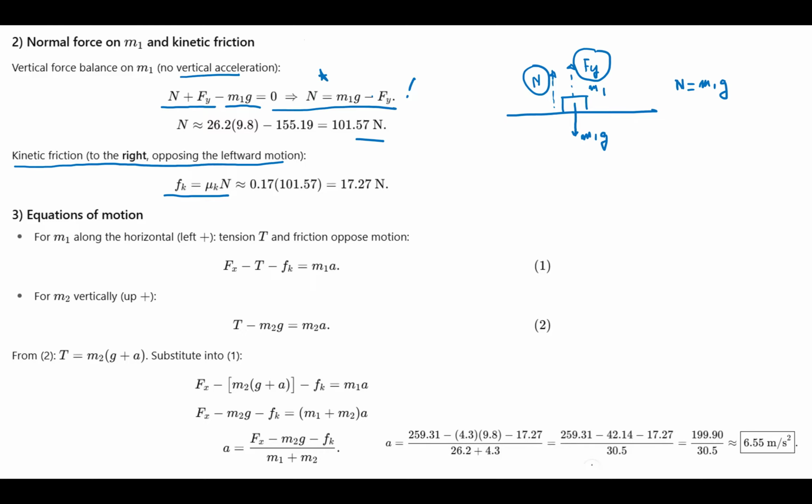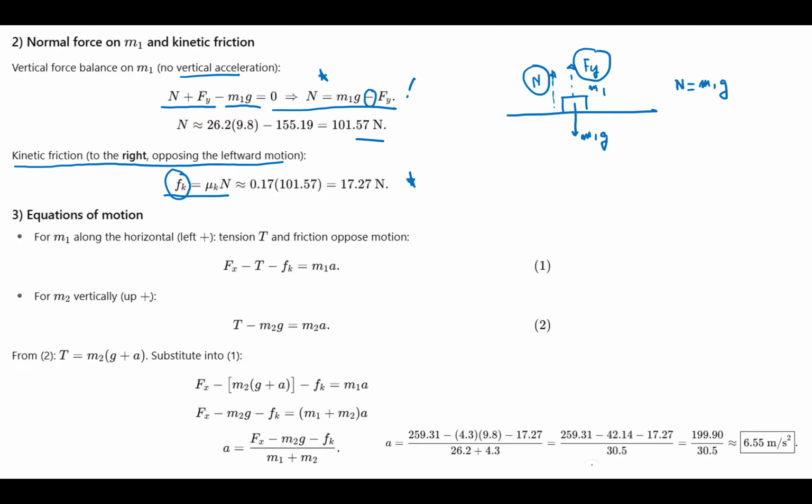N is m1g minus Fy. So if there is no such force, the normal force would be identical to m1g, but because of this Fy, the normal force is actually decreased. Anyhow, in this case, the normal force is found, and then we can find out the kinetic friction.